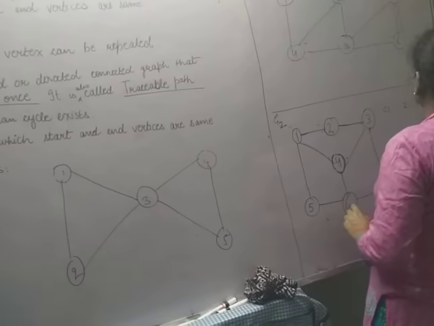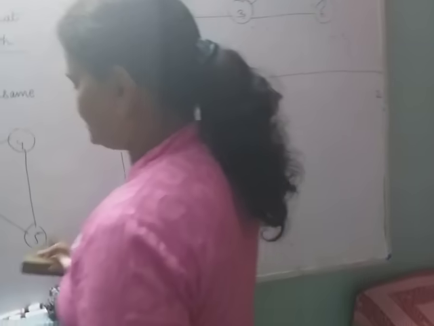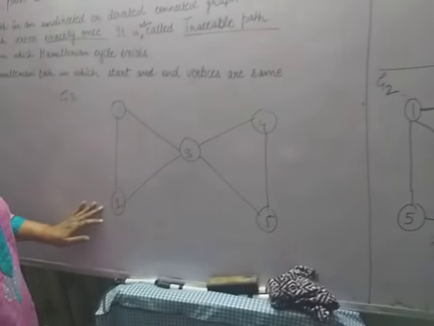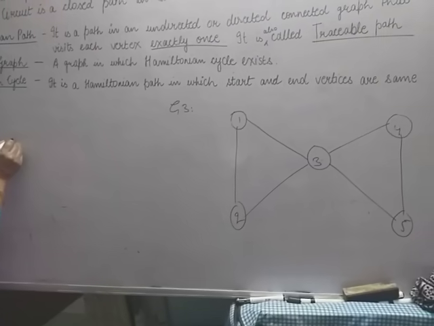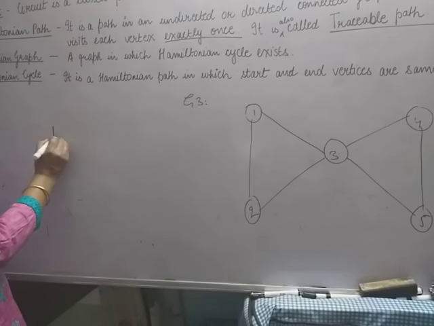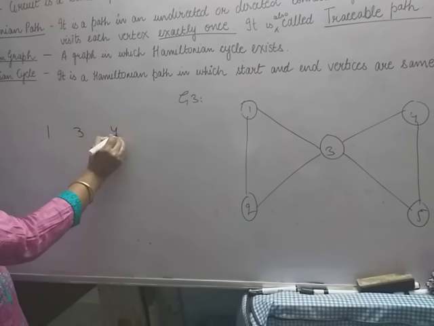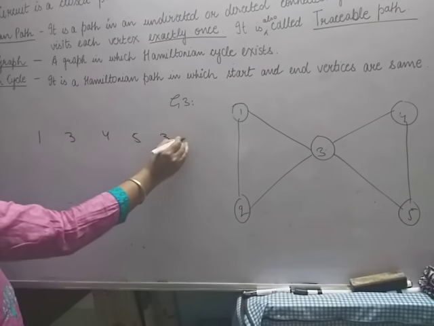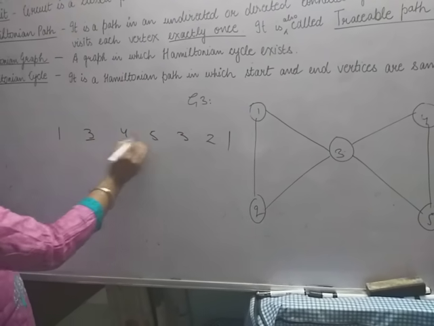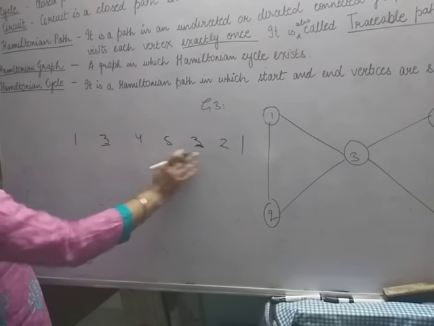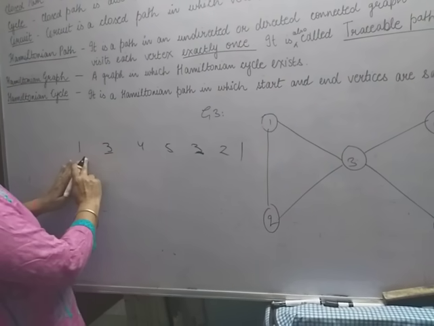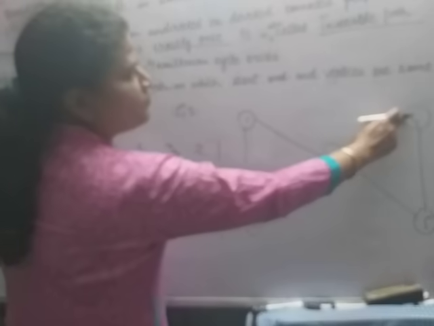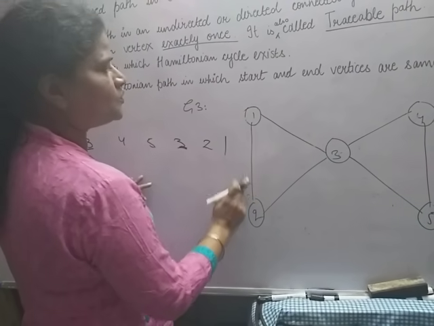In this particular graph, this circuit is 1, 3, 4, 5, 3, 2, 1. Here 3 is repeated.